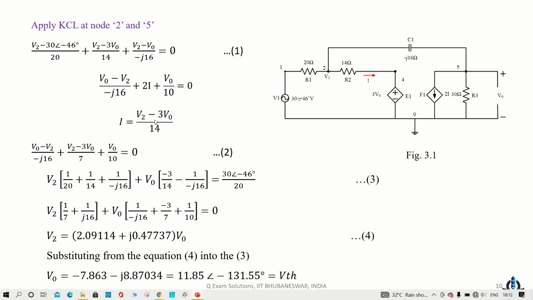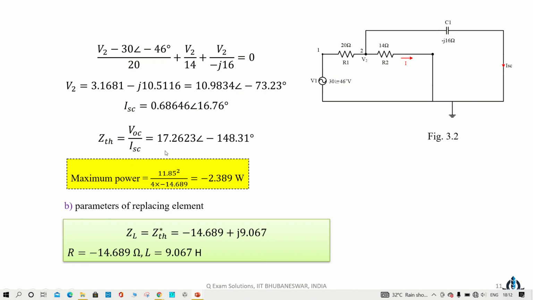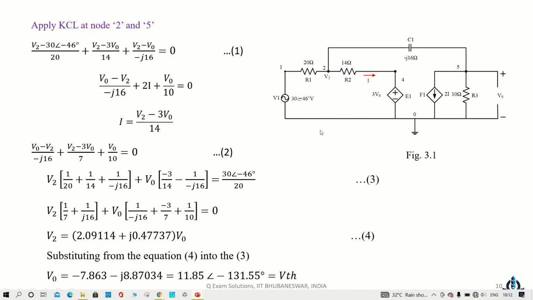You apply that equation, and after solving this equation, you get V2 equal to 11.85 at the angle -131.55 degrees. And for finding VTH, if you apply the Thevenin equivalent here, you need to find the equivalent resistance.